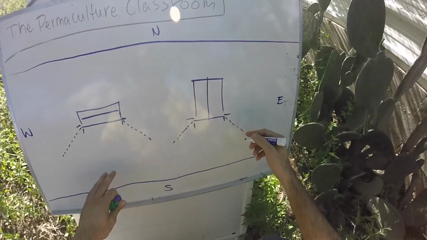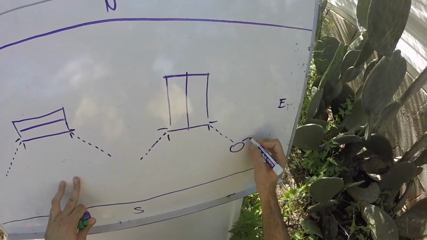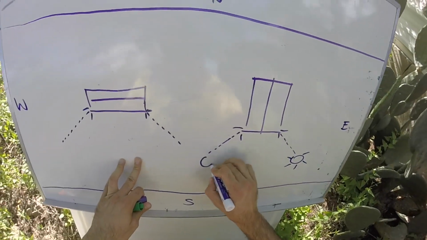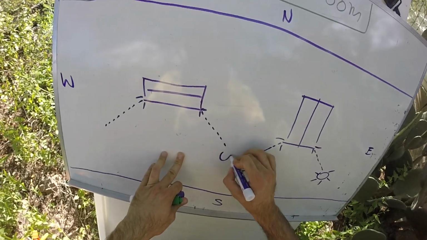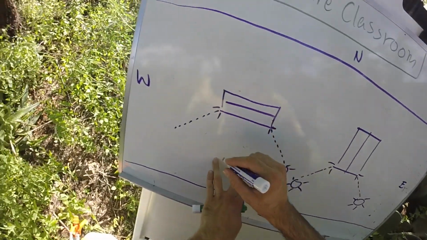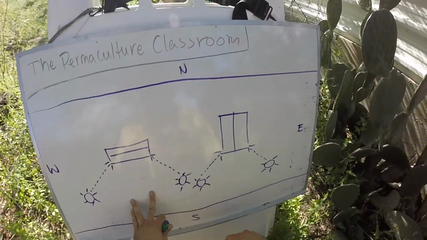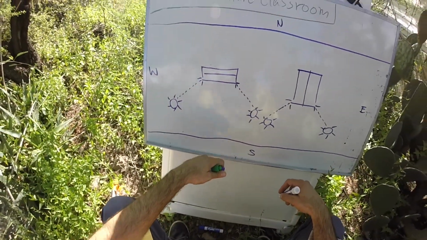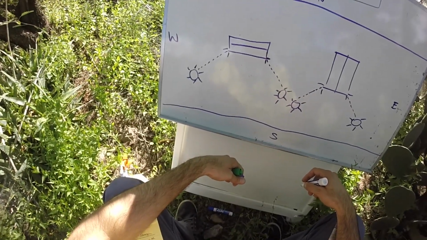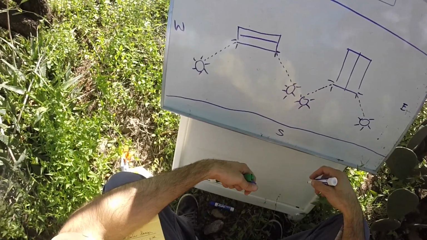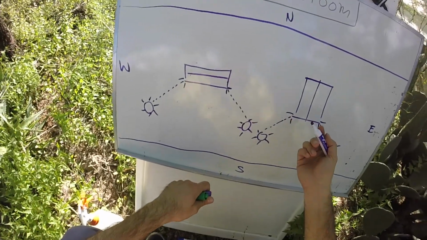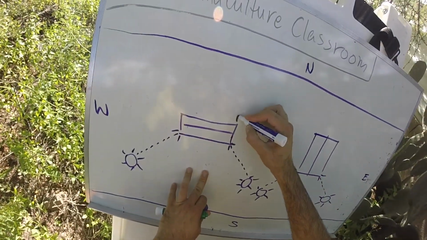And that would be the winter solstice, when the sun rises and sets from east to west. So that is our solar access zone. And you can tell that it is much smaller on the right hand side because we have less surface area. So it's going to be much harder to heat and cool the house on the right.